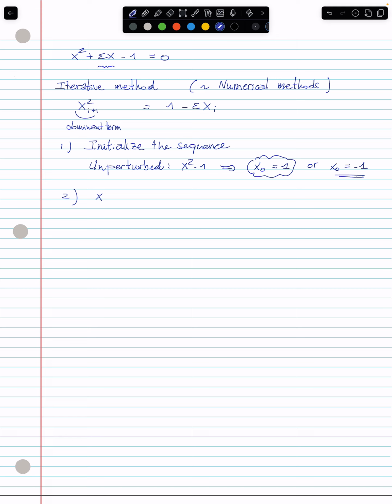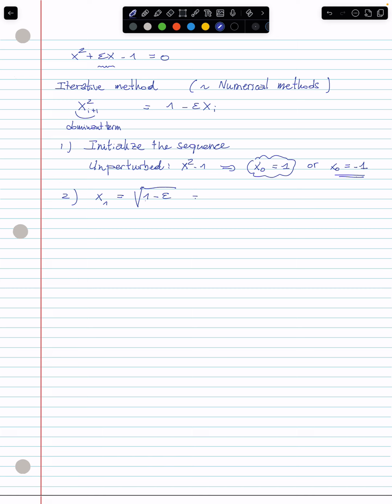We're gonna end up with x1, when I is equal to 1, equal to the square root of 1 minus epsilon x0. I use the plus here in front of the square root because I do expect that x1 will remain in the neighborhood of x0, which is positive. All right, so if you do the same exercise starting from minus 1, you would need to keep a minus here in front of the square root. Okay, that's a good exercise. Do it just to practice a little bit later.